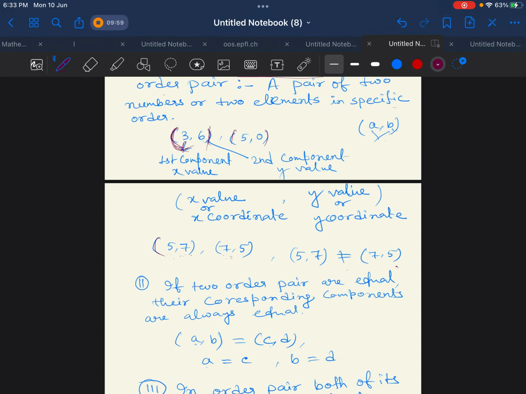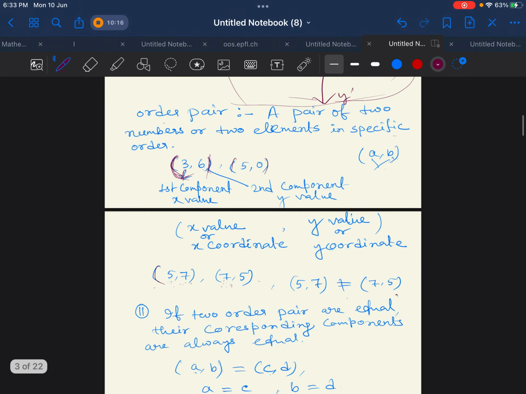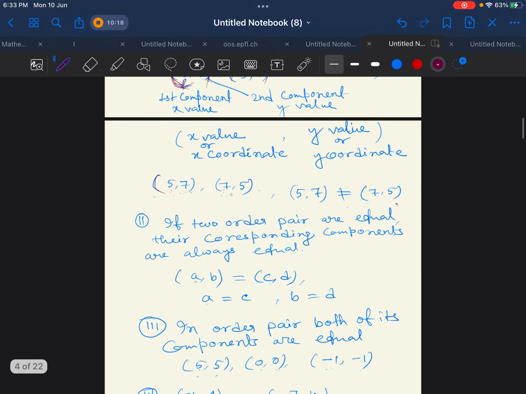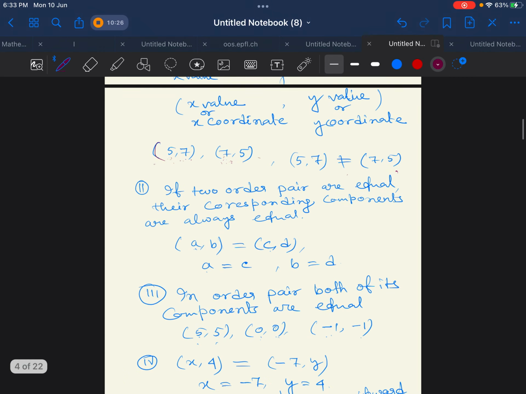So these ordered pairs are not equal, because the corresponding components are not equal. 5 and 7 are not equal, and 7 and 5 are not equal. So these are not equal ordered pairs. Second, if two ordered pairs are equal, their corresponding components are always equal.